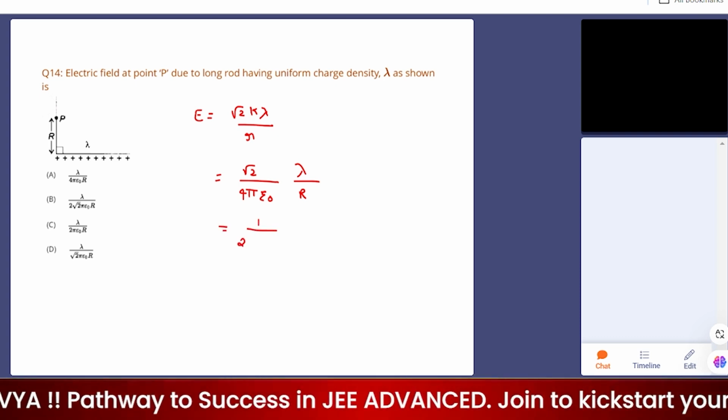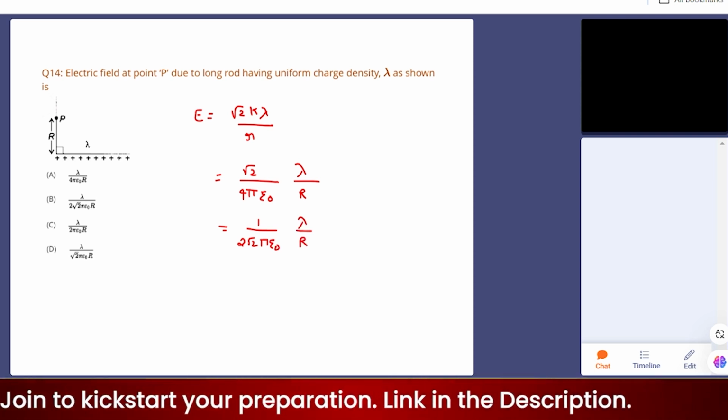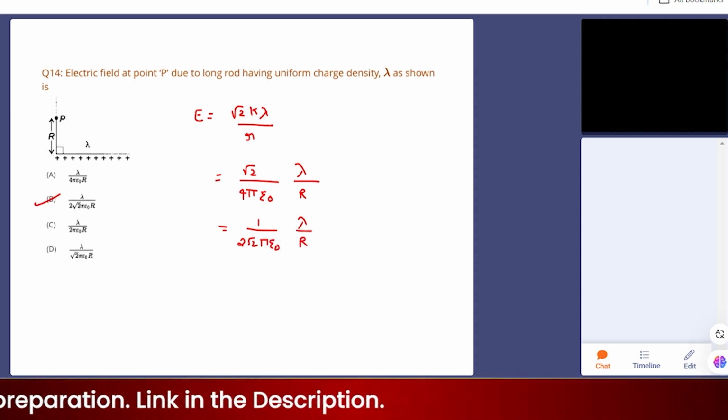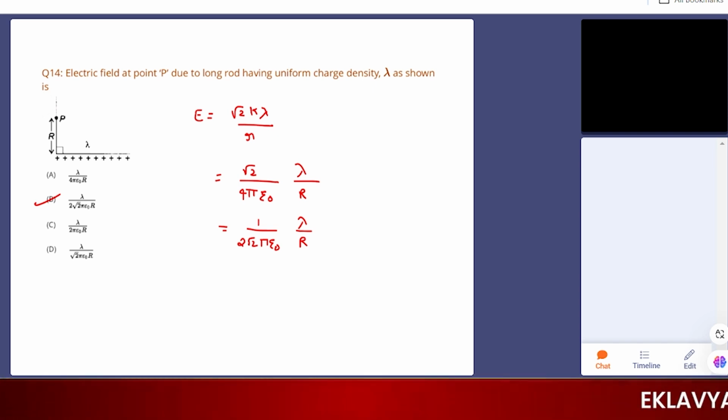So you have the option 1 by 2 root 2 by epsilon naught lambda by R. That will be option B. Again, it's a straight formula based question.